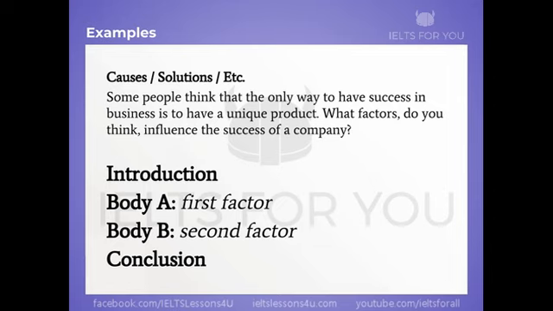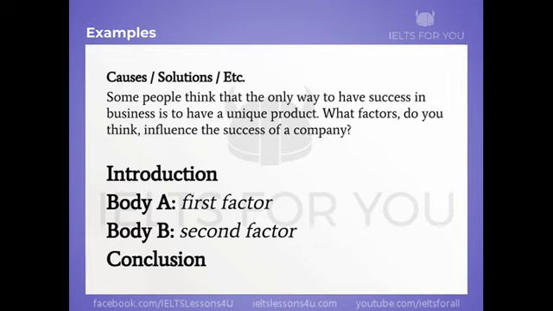You introduce the first factor in body A, and you introduce the second factor in body B. It makes it very simple. If you really want to, you could use body A to talk about the most important factor. In body B, you could mention 2 other factors. That's possible. Okay, so use your own judgment there.